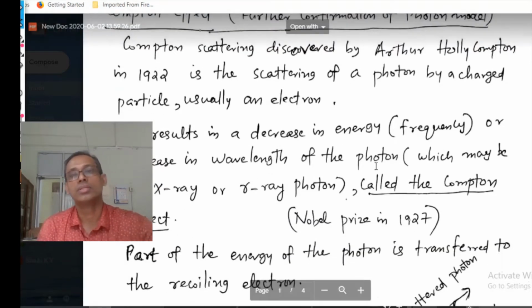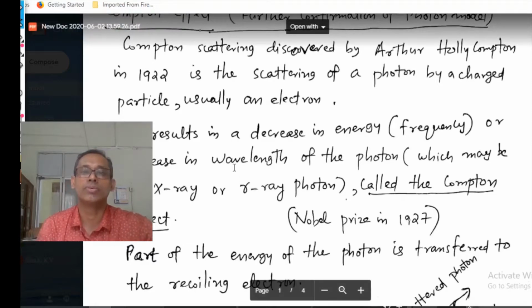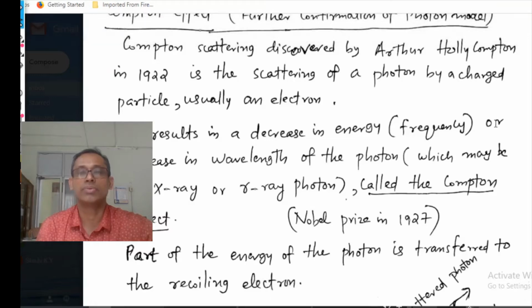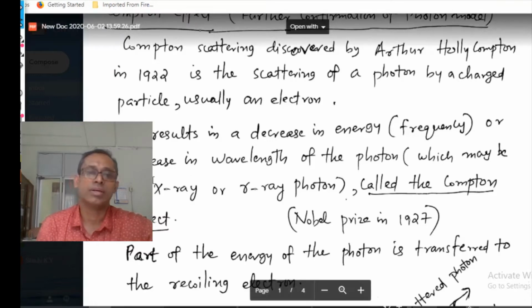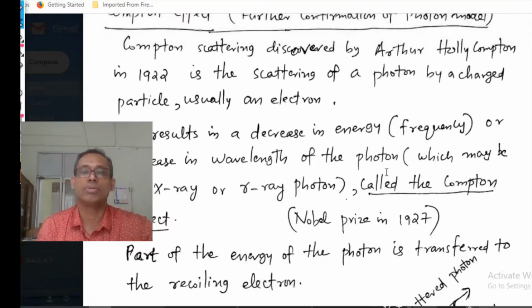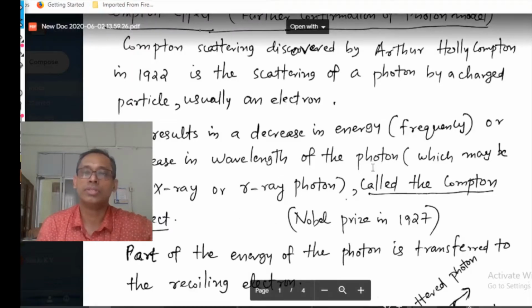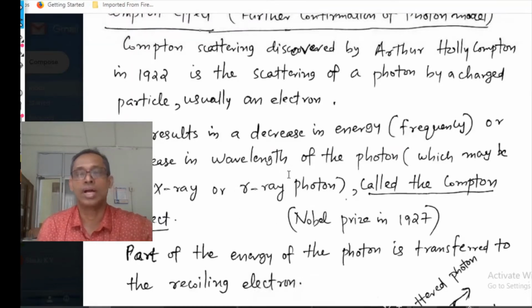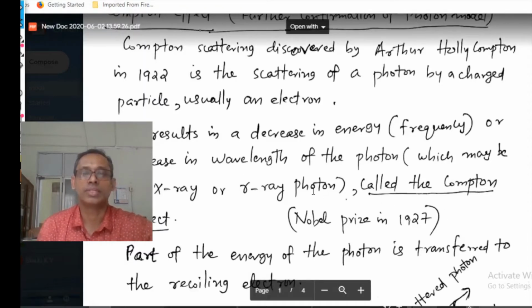During this scattering, it is observed that there is a decrease in energy, frequency, or an increase in wavelength of the photon, which may be an X-ray photon or a gamma ray photon, and this effect is called the Compton effect.